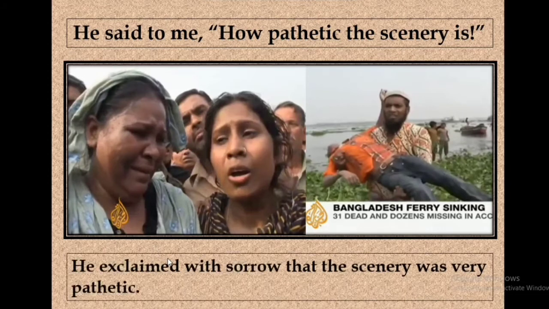We use "exclaimed with sorrow" instead of "said to," and then "that" instead of inverted commas, and then the subject of the reported speech is the scenery. As the scenery is third person, we do not need to change the subject, and then verb "was" instead of "is," and then "very."